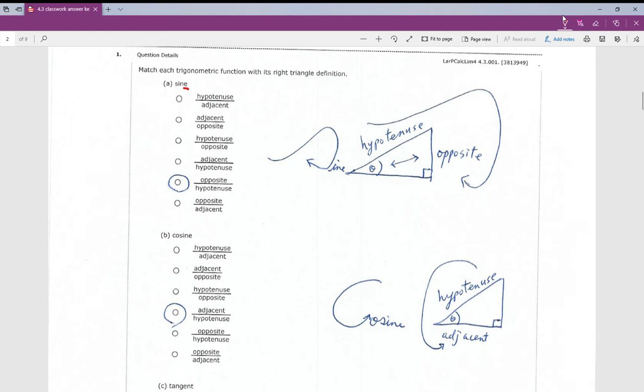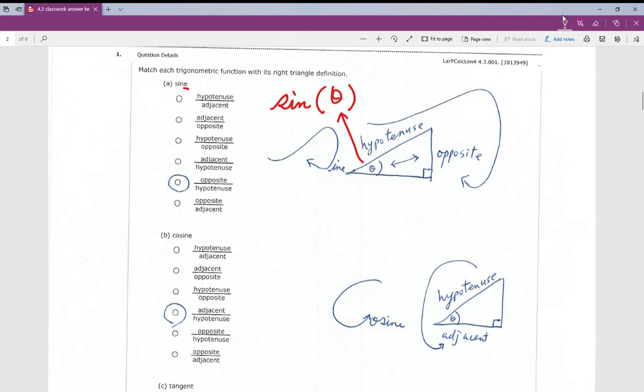The function symbol we just use is S-I-N without the E, and the input is the angle. So we read sine of theta, or we say sine theta, and that's fine.